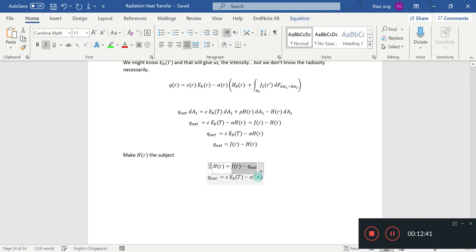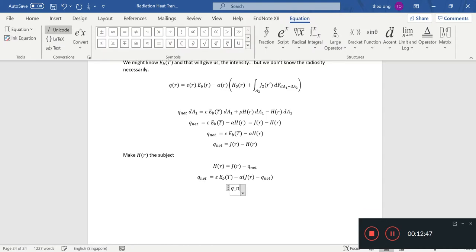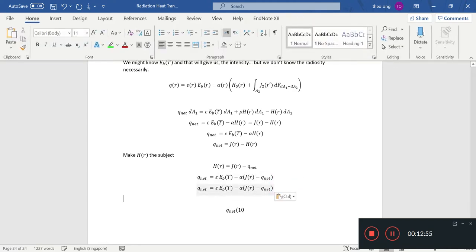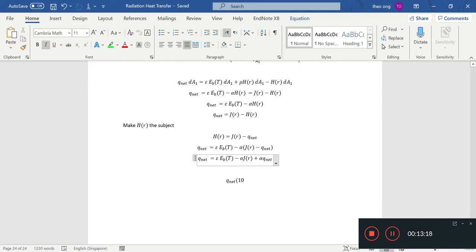Alright, then we'll have QNet times 1 minus, okay, so let me bring that out first. Alpha QNet, okay, 1 minus alpha.